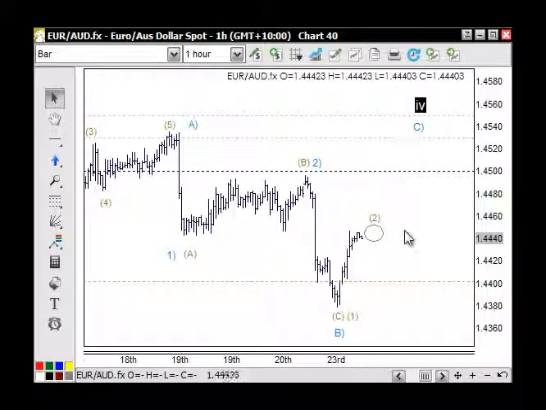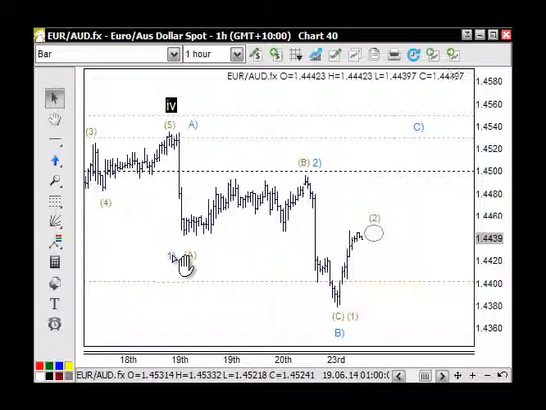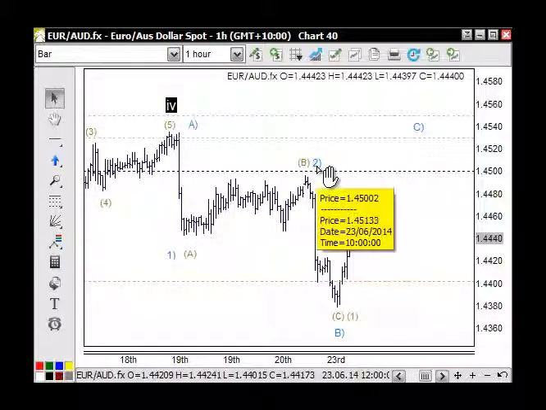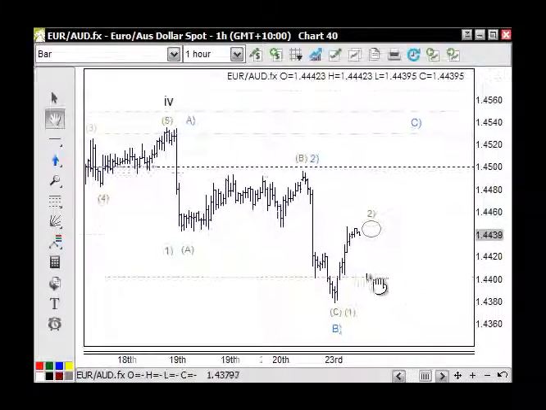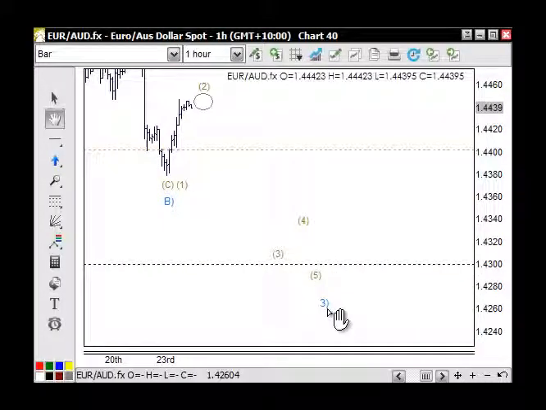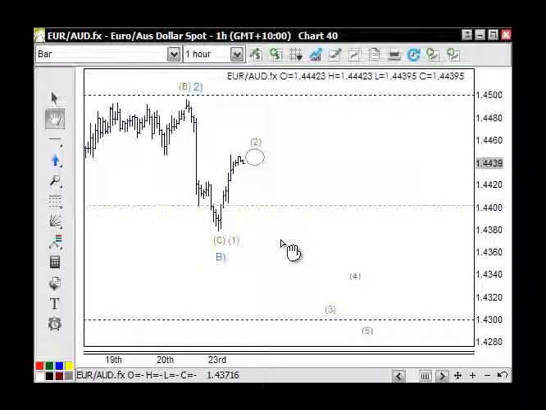The other count is bearish, and the count would be leaving wave 4 over here, and looking at this down as wave 1, like we did yesterday, coming back for wave 2, and then we'd be moving down for blue wave 3, which would be down here, and we'd be looking for 5 waves down here.